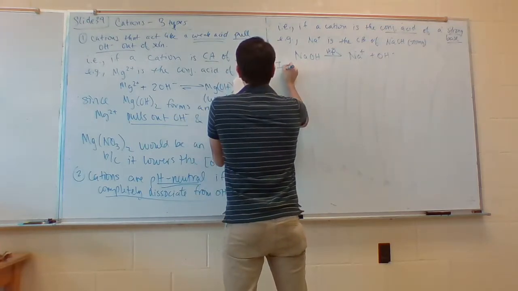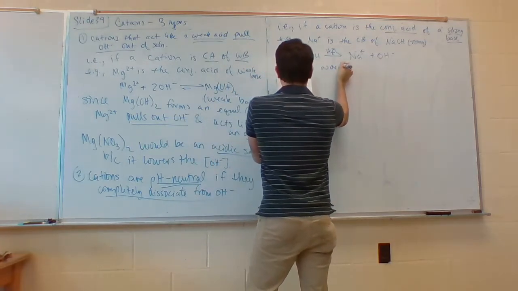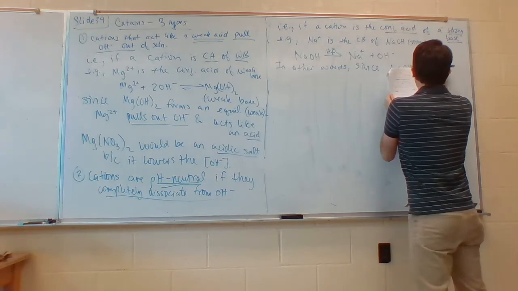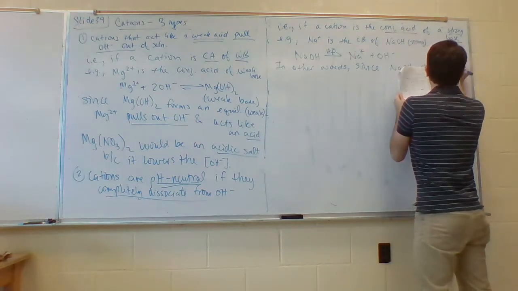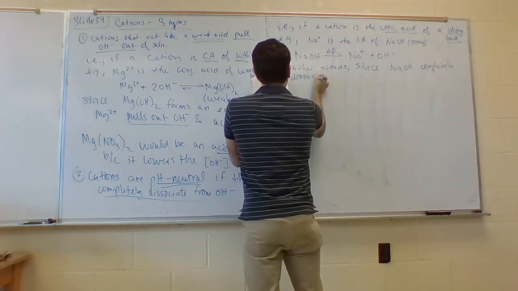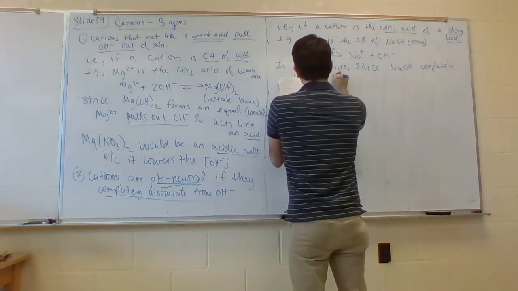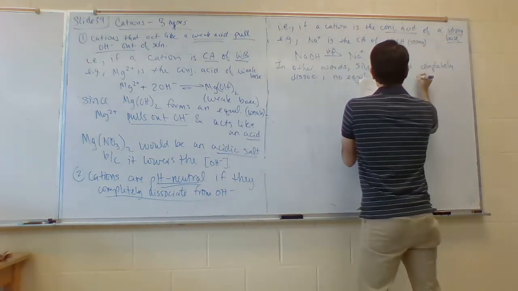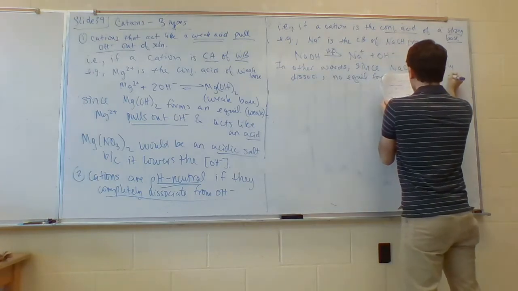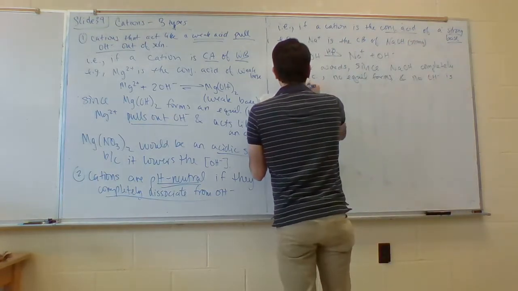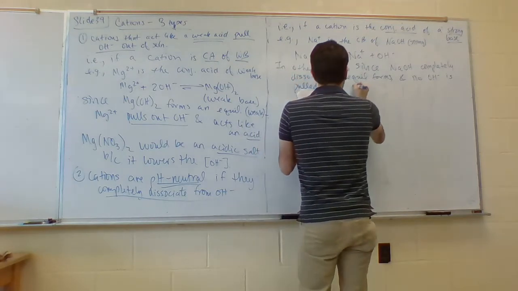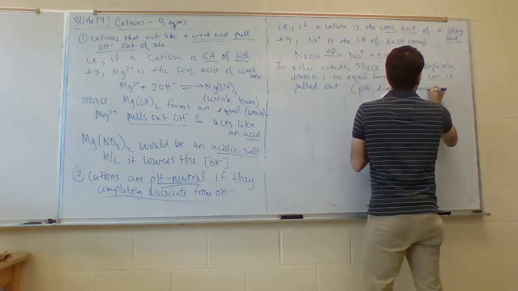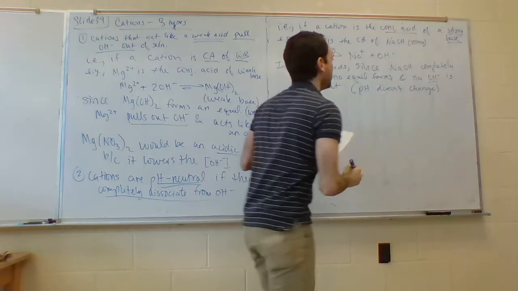In other words, since sodium hydroxide completely dissociates, then no equilibrium will form, and that means that no OH minus is pulled out. So our pH doesn't change, and it would be pH neutral for that cation.